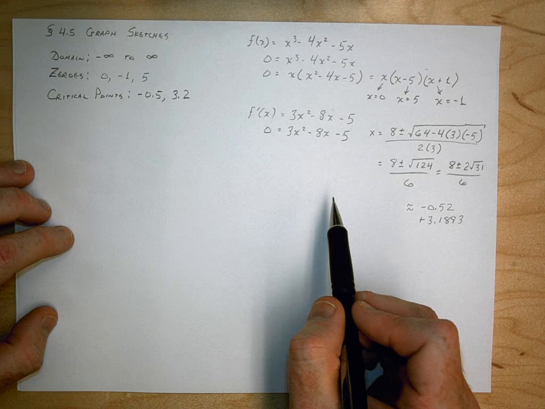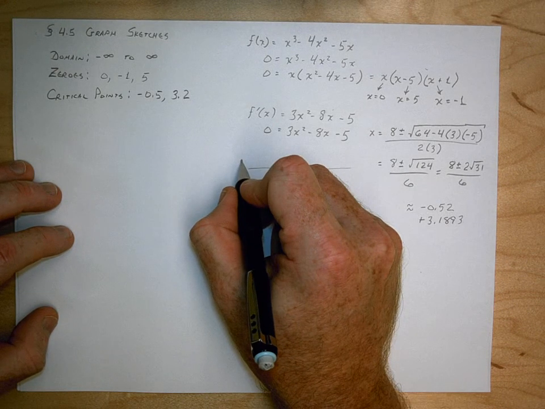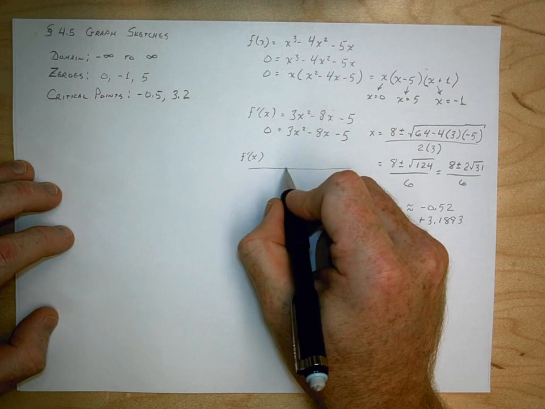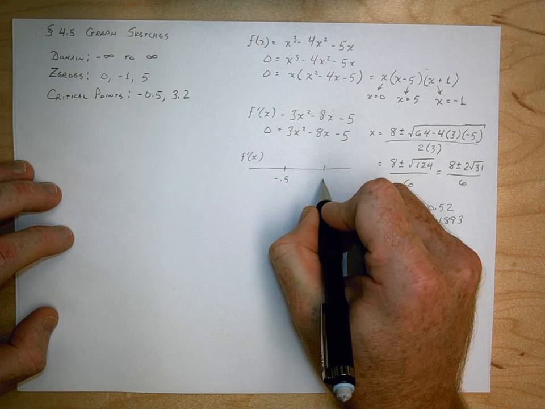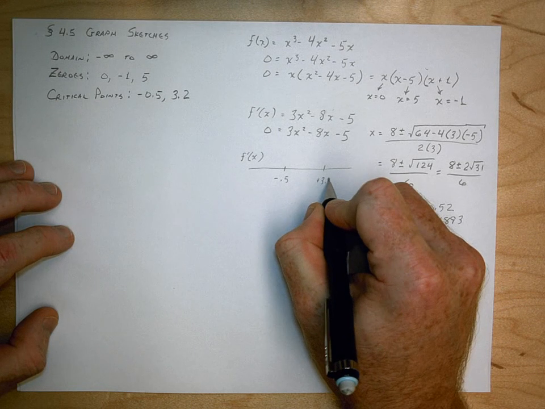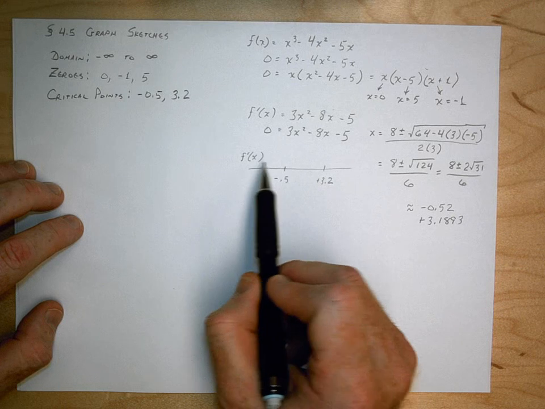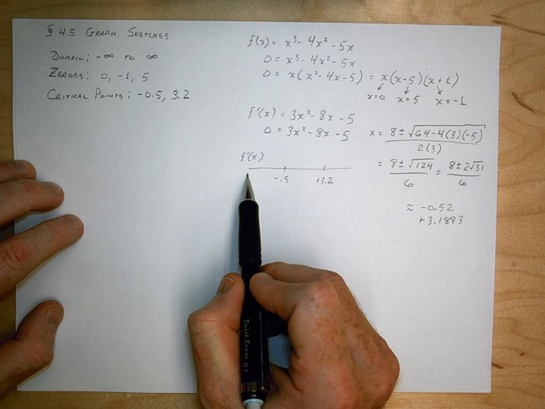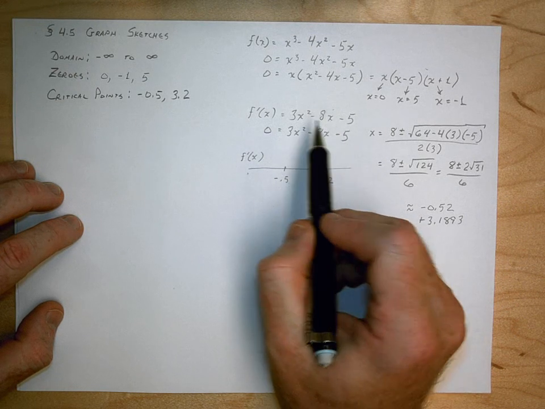So my critical points. And let's take a look at what happens if I plot these on a number line. This is my first derivative. I've got two values, minus 0.5 and a positive 3.2. If I check the sign of my first derivative on each side of these critical points, let's try a -1 plugged into my first derivative.